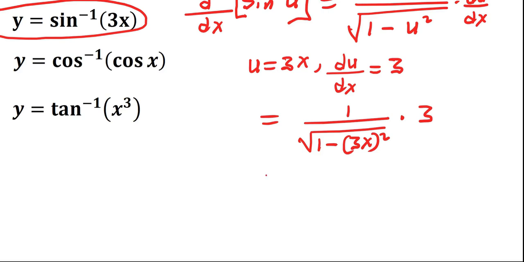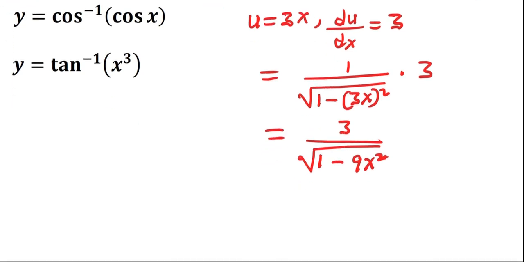So automatically this will be equal to 1. Okay, 3 times 1 is 3, so we can simply write 3 here. So this will be 3 over the square root of 1 minus 9x squared.